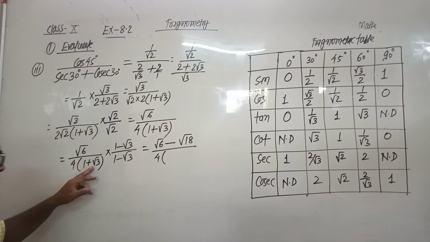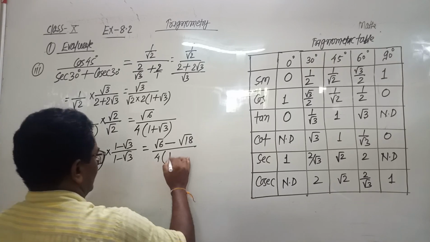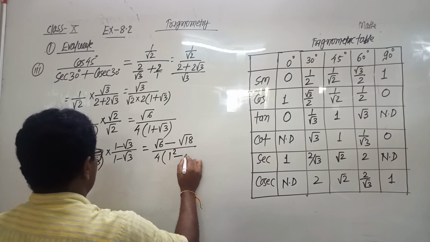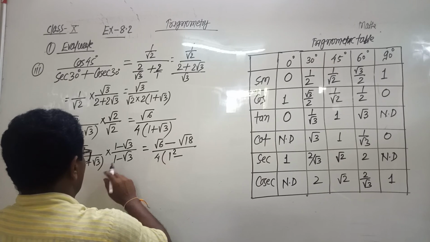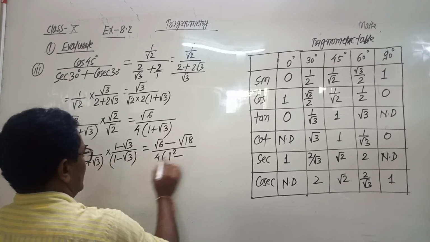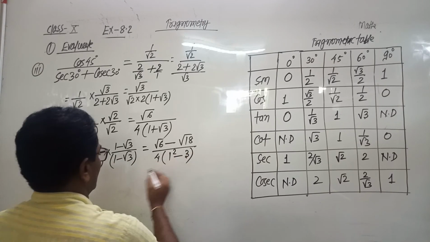This will be expanded on the formula a plus b into a minus b, which is a square minus b square. 1 square minus root 3 the whole square, which is 3.